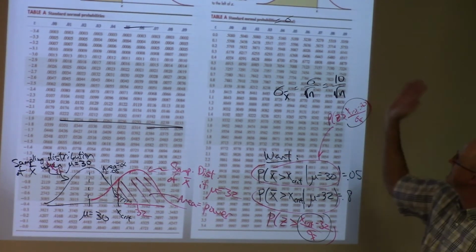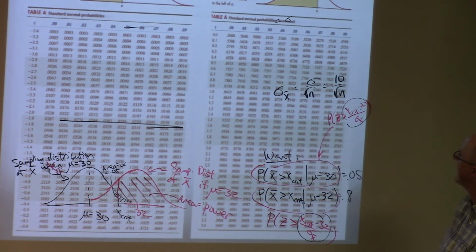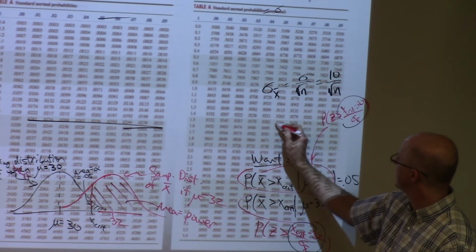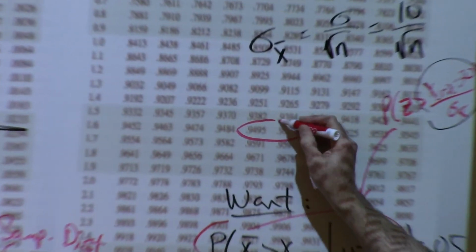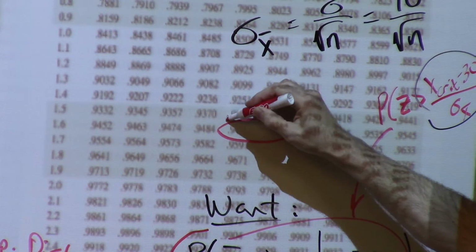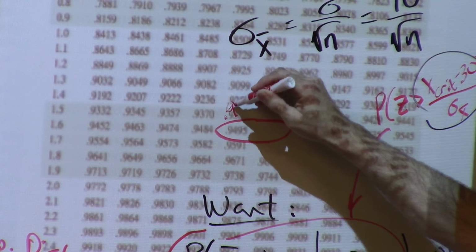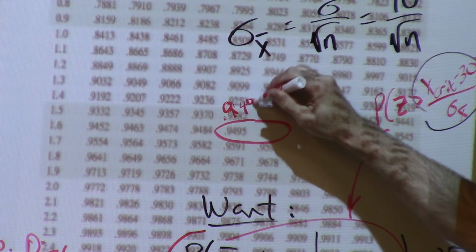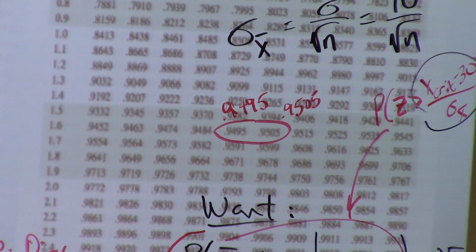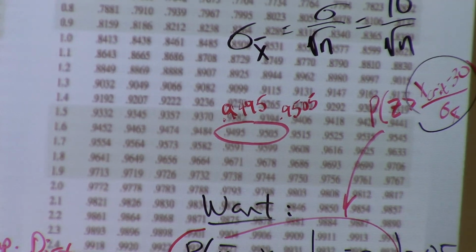So since the table gives areas to the left, I want to look for a 0.95. There are two numbers in this table that are equally close to 0.95. They're right here. This one is a 0.9495 and this is a 0.9505. They're both equally distant to 0.95.